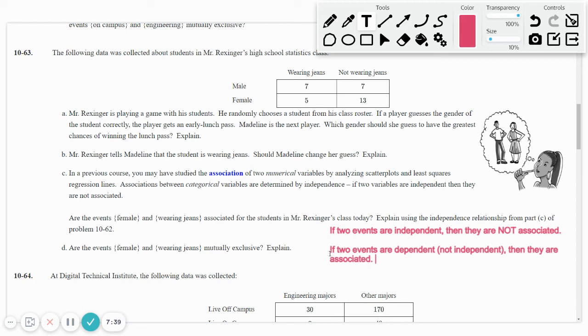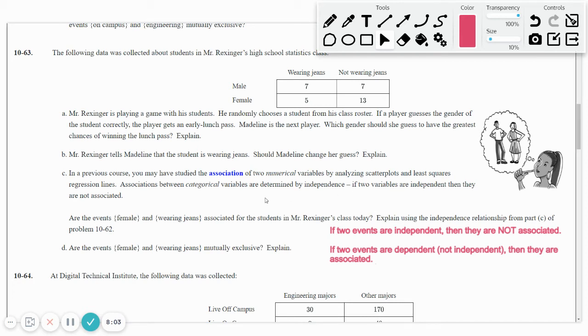Because, I mean, it makes sense, right? If one depends on the other, then they're together. They go hand in hand. But if they are independent from each other, that means they literally have nothing to do with each other. So then, of course, they're not going to be associated with each other.